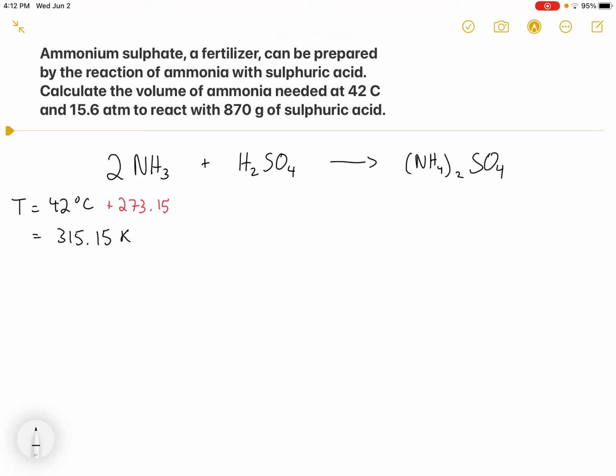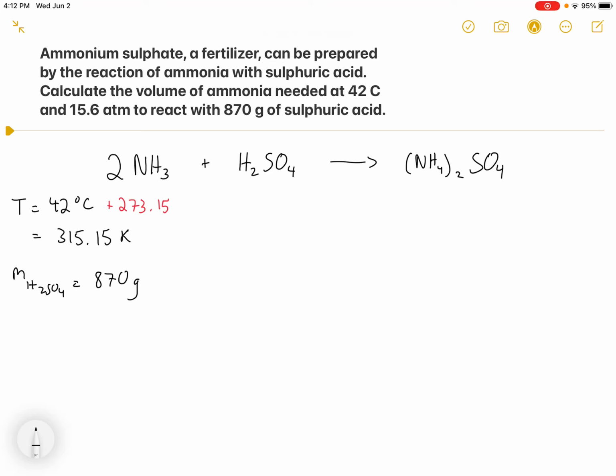And what else do we have? We know the mass of the sulfuric acid, which is 870 grams, quite a large amount. Because we have the mass, but you remember from the previous units on stoichiometry, we can't compare masses directly, we have to compare moles.